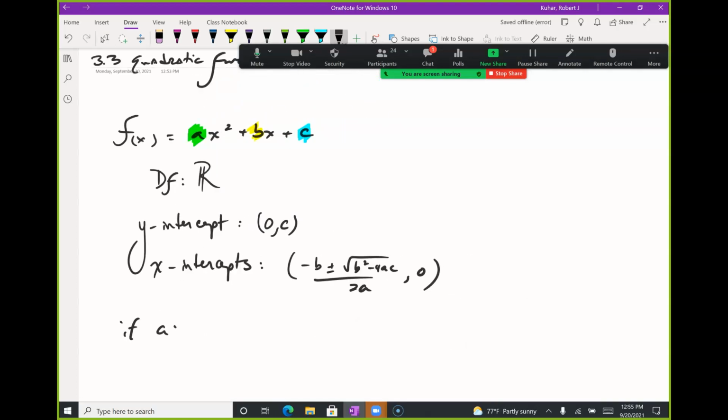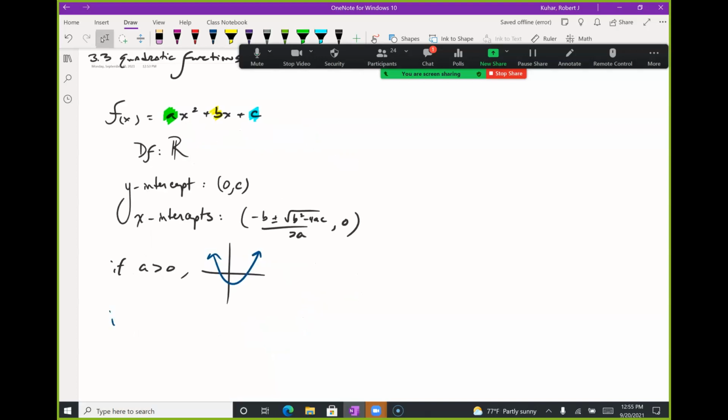If a is greater than 0, then we'll say the graph opens up, right? If a is less than 0, our graph will open down. And then in each case, what's the domain? I'm sorry, what's the range if my graph opens up?